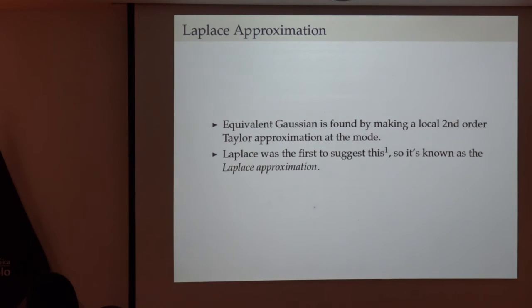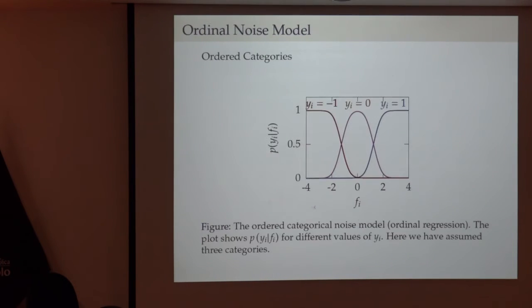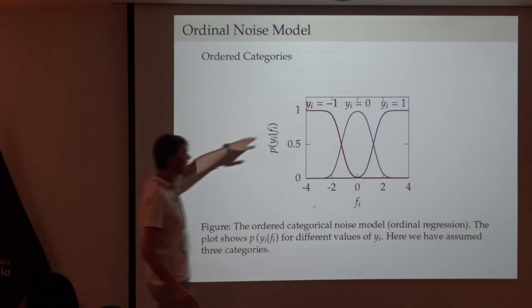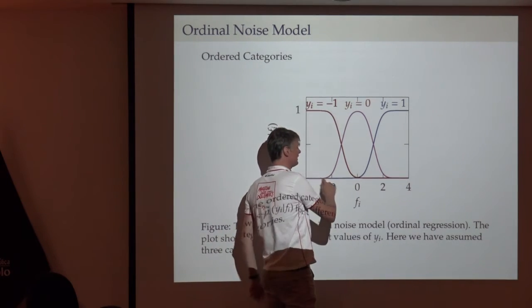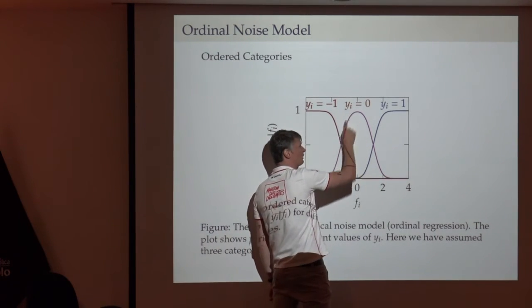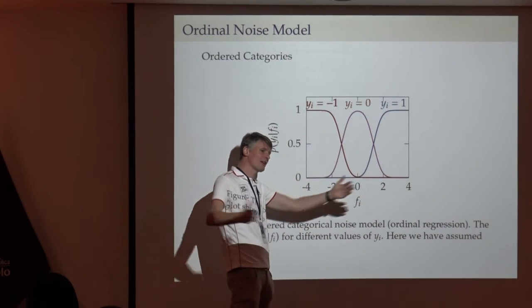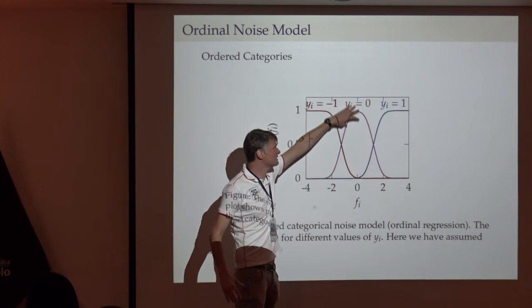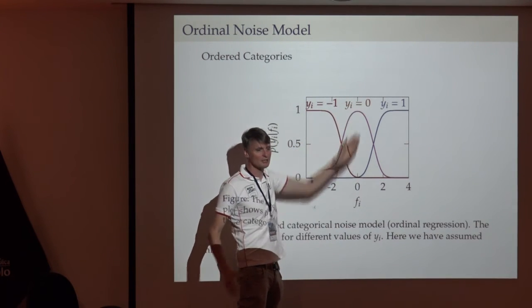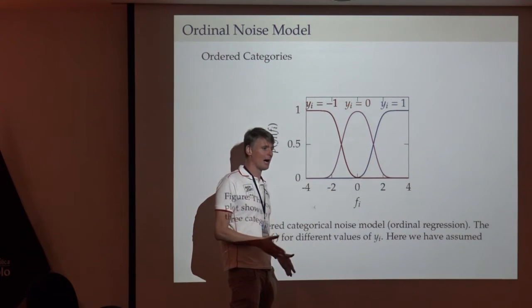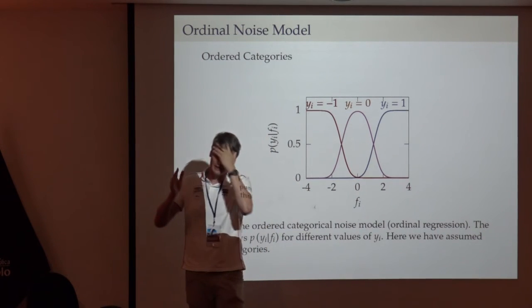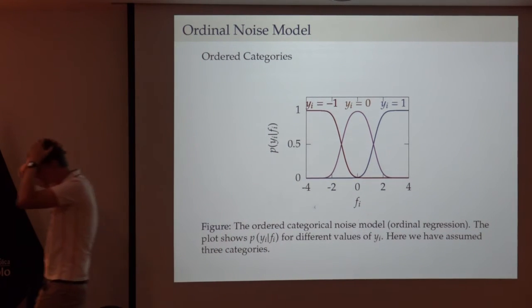Now, in this case, you would combine one of these functions. And in fact, this function here in the ordered categorical model looks, broadly speaking, Gaussian. And indeed, if you increase the number of categories to be very, very large, this tends towards a Gaussian distribution. So if you've got ordered categories, here's a nice example of it that has actually come up in an application.